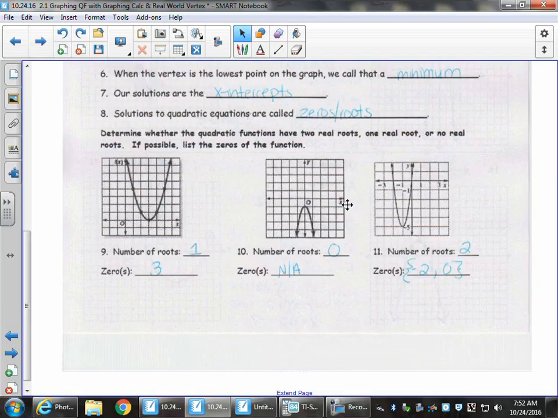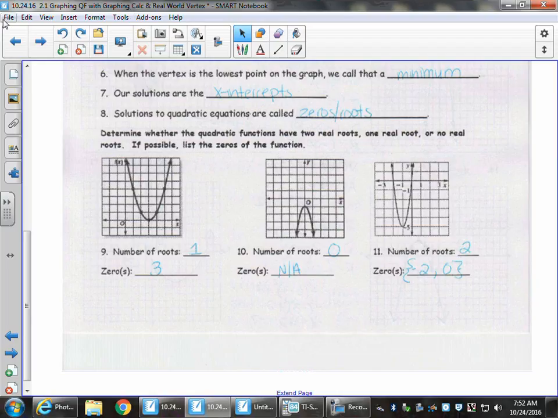We'll talk zeros tomorrow. No. So let's go by roots. So right now, for all intents and purposes, roots are x-intercepts. Zeros we'll talk about tomorrow. That's a different element we'll talk more about. So as of today, right now, roots are x-intercepts. Very good.